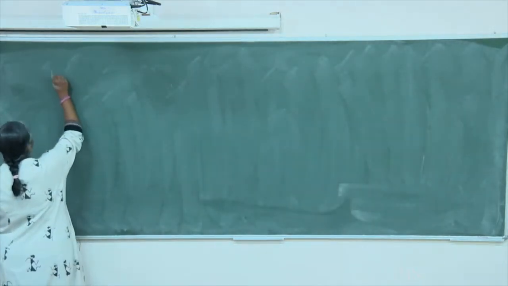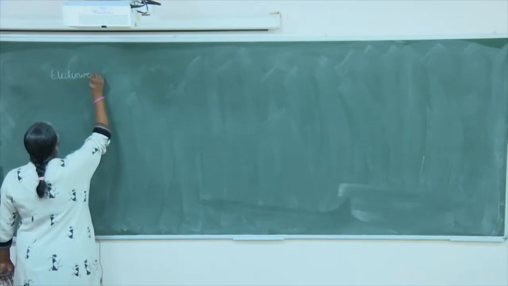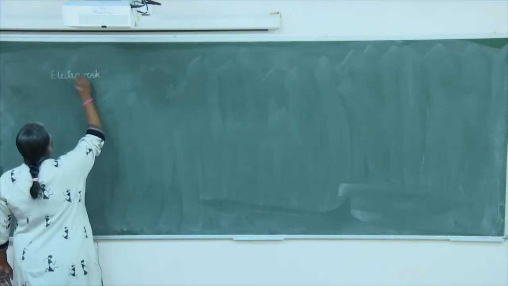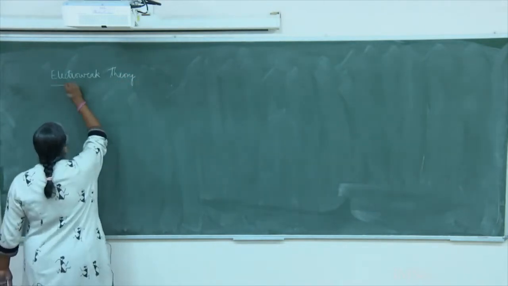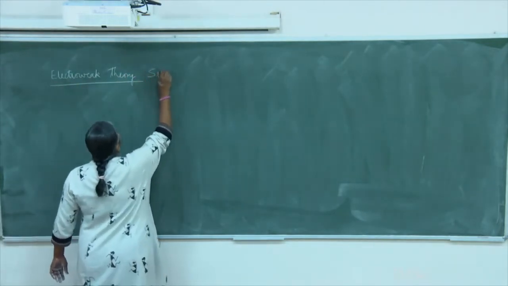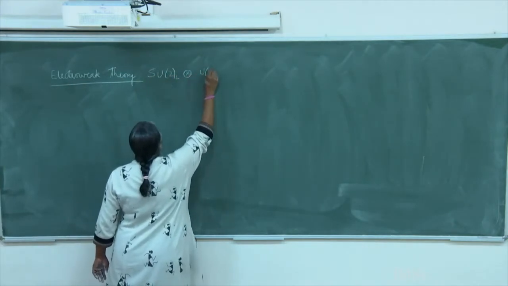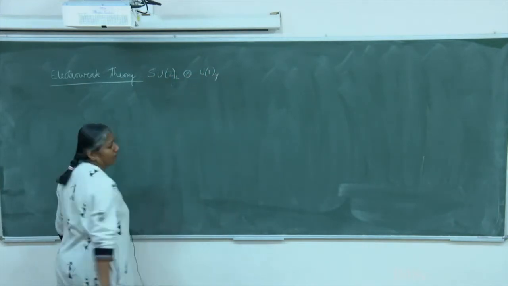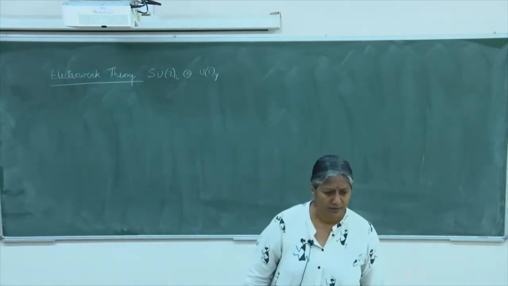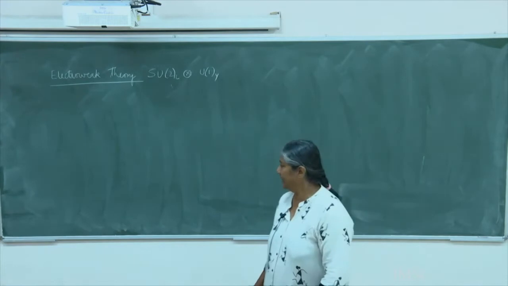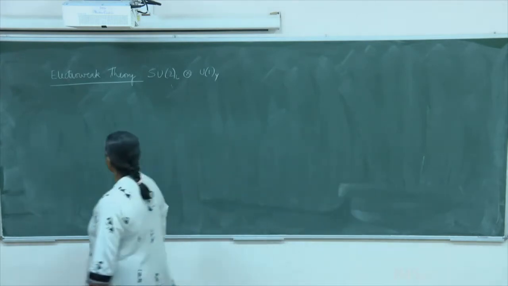So what we will do is, let us look at the electroweak theory. We will go back to our SU(2)_L cross U(1)_Y and try to give the appropriate masses through this Higgs mechanism, Higgs-Kibble or spontaneous symmetry breaking mechanism, whatever it may be called.